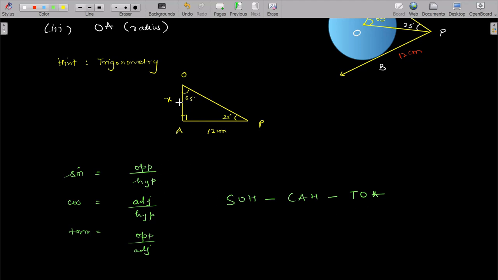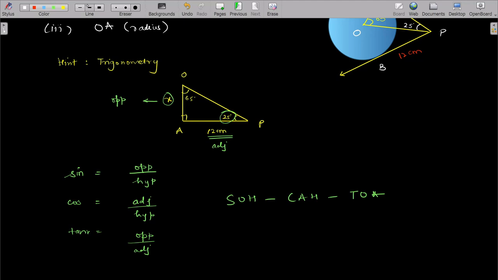So perfect. Now you have to find out this length and you know this length, and now if you consider this angle, the 25 degrees angle, this is your opposite and this is your adjacent. So which trigonometry ratio can you use if you're considering the 25 degrees angle?